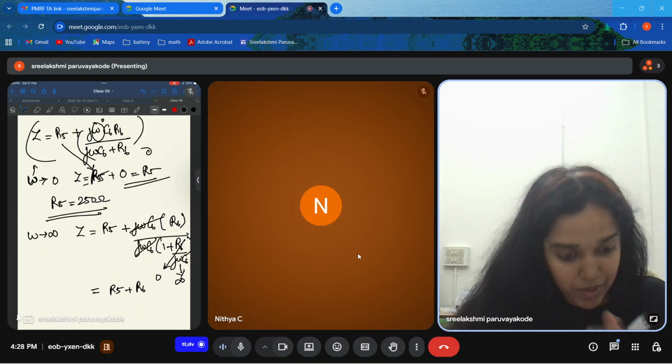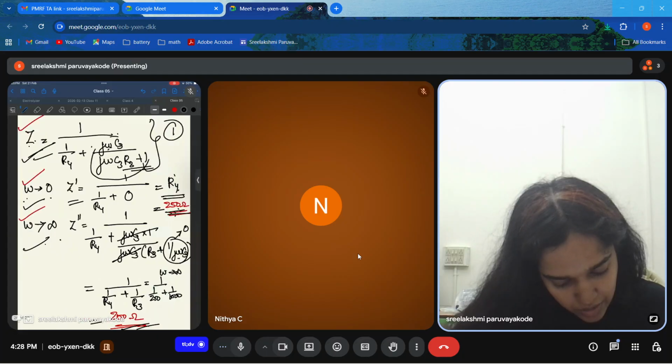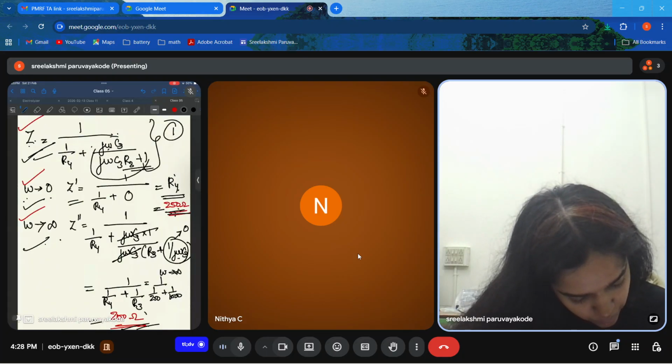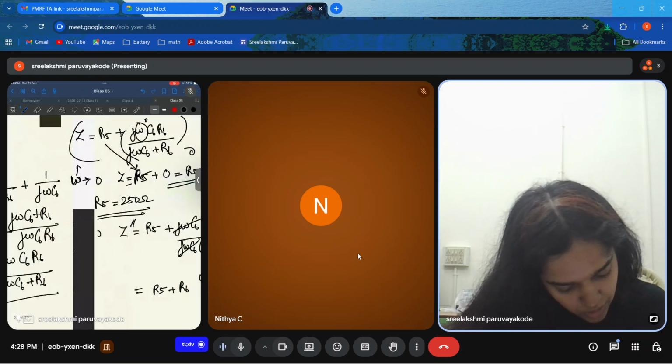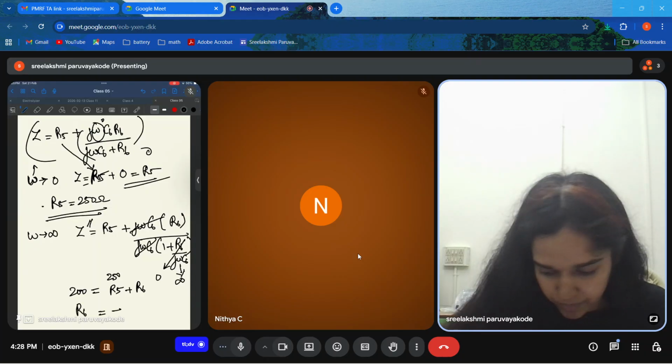And from the previous circuit, when omega tends to infinity, the value was how much? 200. See, it was written 200. So this value should be equal to 200. And we know R5 from the previous equation, it is 250. So R6 becomes minus.